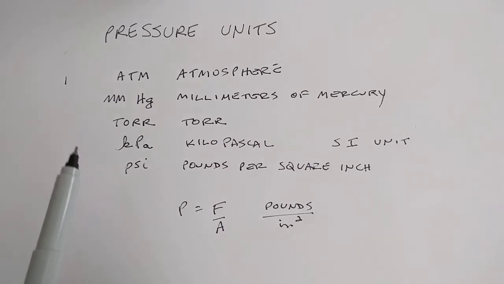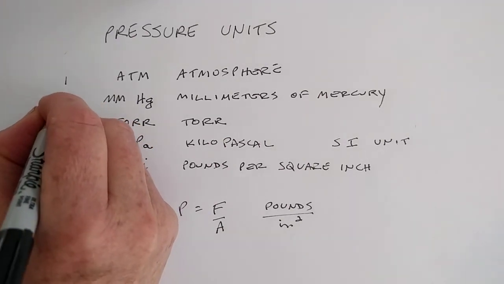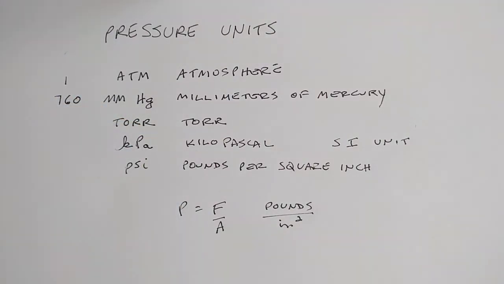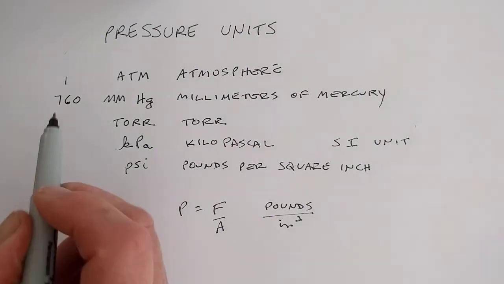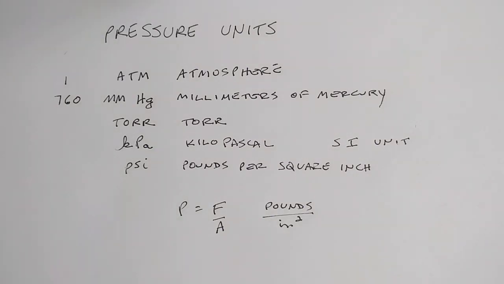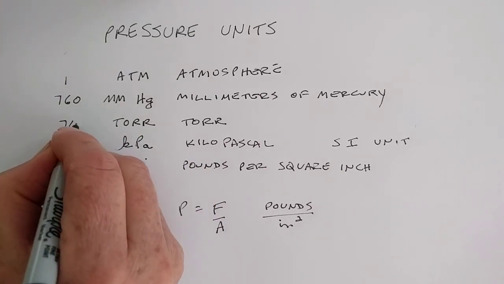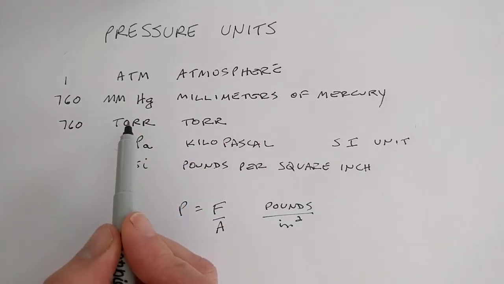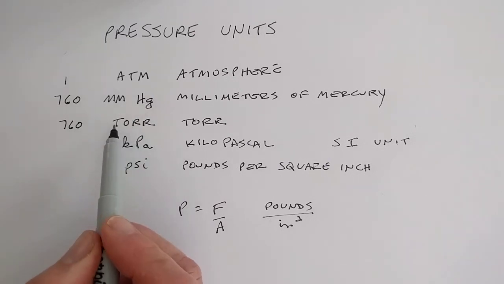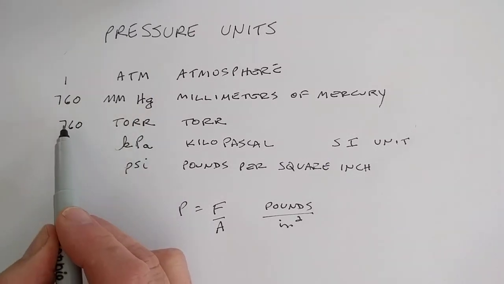1 atmosphere is the same pressure as 760 millimeters of mercury. These are equivalent. We could write a conversion factor for that. The torr is also 760. They just renamed the millimeter of mercury a torr, but it's the same value.